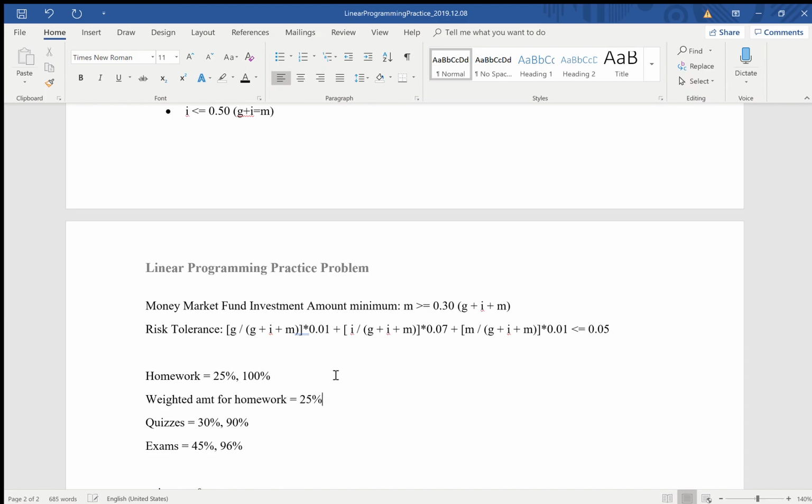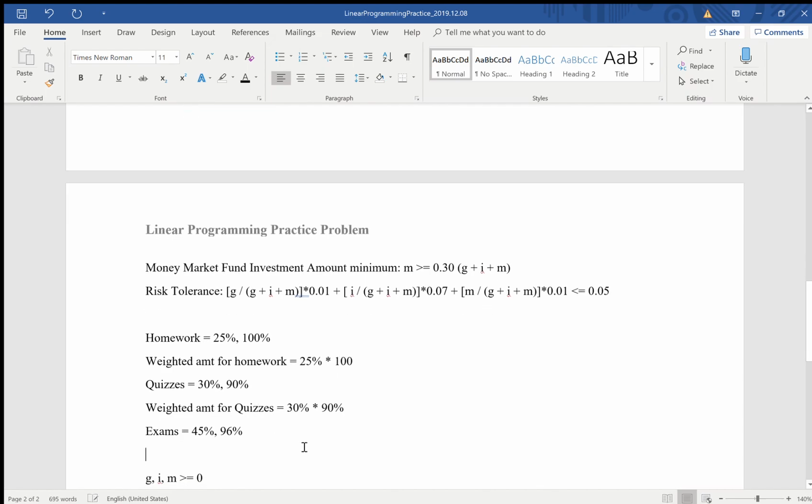is 25% multiplied by 100%. The weighted amount for quizzes is 30% times 90, which is the grade that I got, 90%. And then the weighted amount for exams is 45% times 96%.